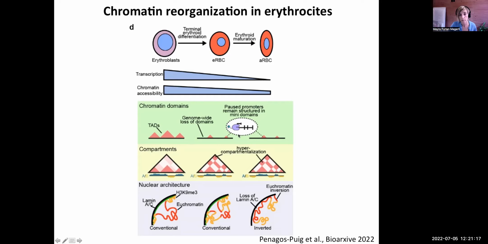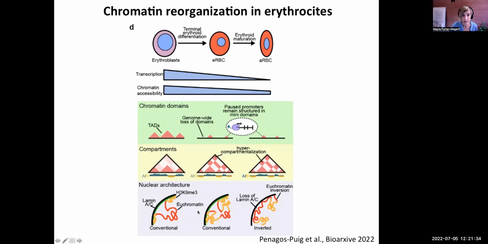However, small mini domains are organized around poised gene promoters. Also, we could see this hypercompartmentalization of these genomes due to the invasion of the heterochromatin into the euchromatin.